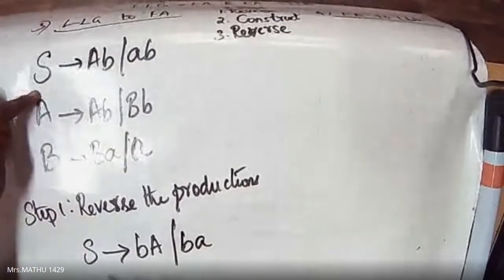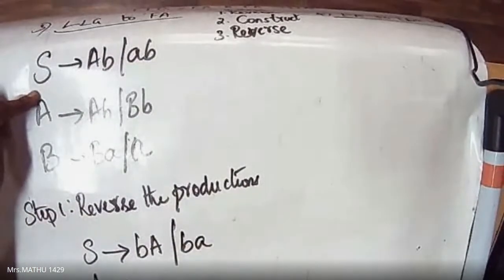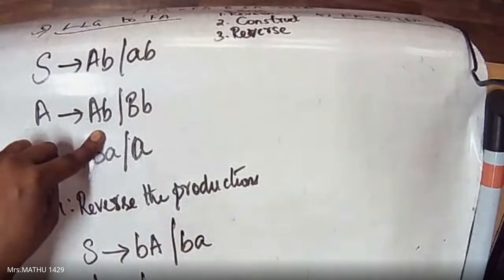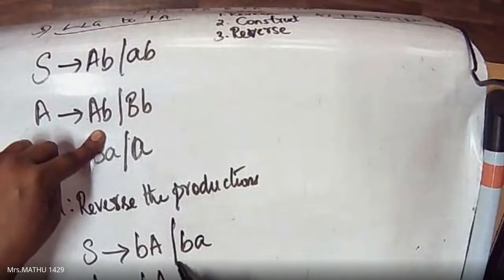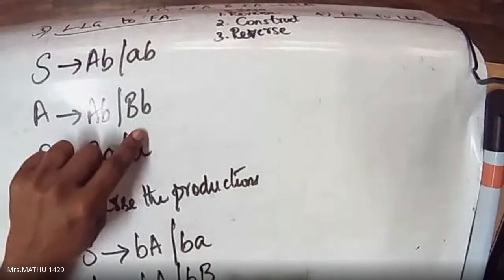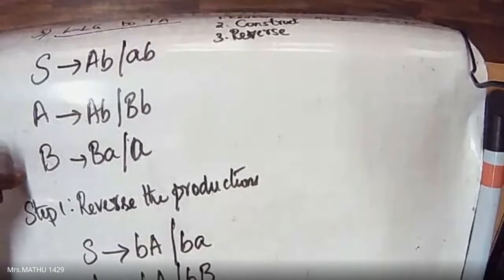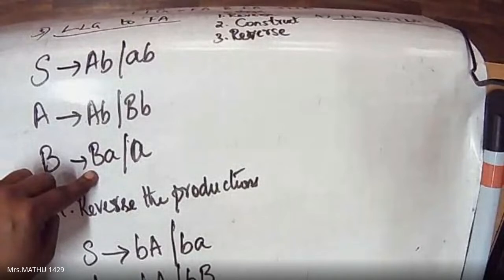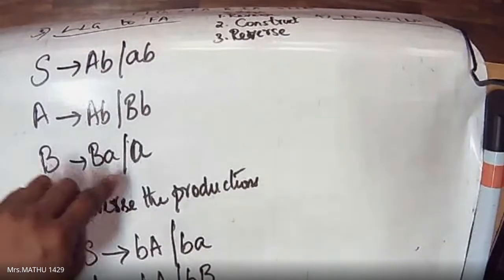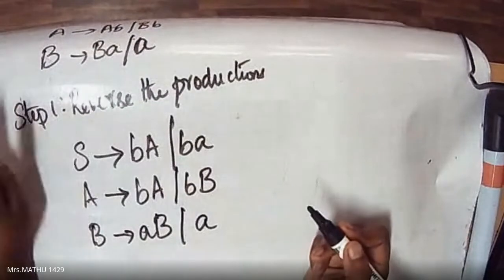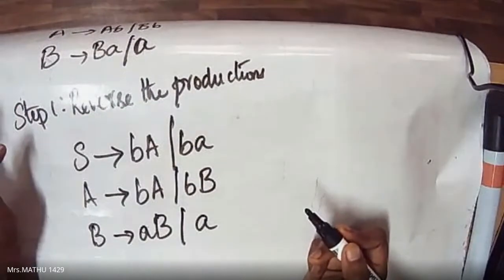Then the next production, A gives Ab, when reversed will give bA, and then Bb is reversed to bB, and then Ba can be reversed as aB, and small a you can write as it is. So the first step is to reverse the productions.